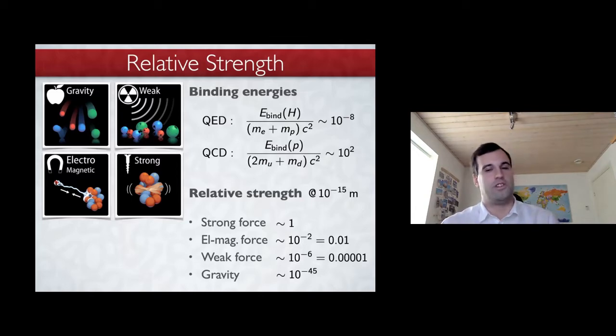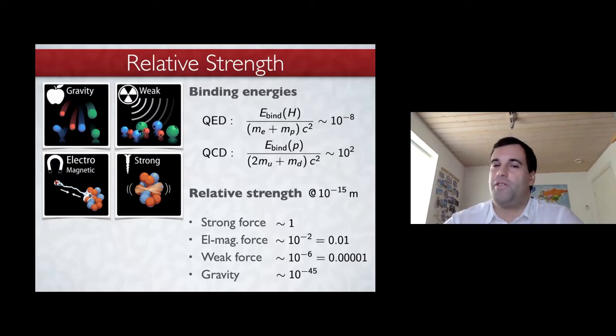The weak force is 10 to the minus 6, so a rather small fraction of the strong force. And gravity is, at the particle physics level, completely irrelevant, because it's 10 to the minus 45. The strength is so weak that it doesn't affect particles on that scale.